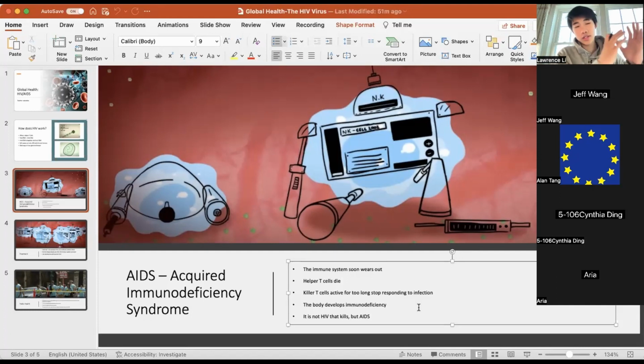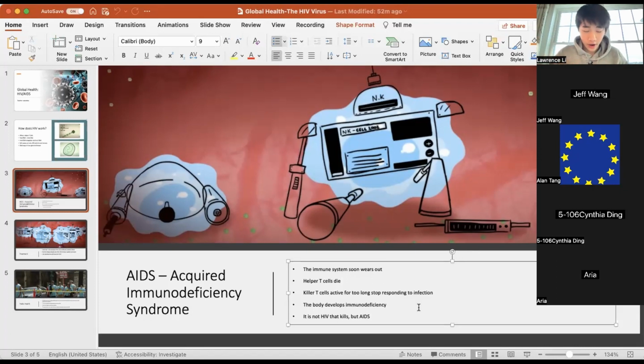So over time, as HIV is allowed to proliferate in the human body, it becomes a weakening disease where the immune system doesn't function as it would if HIV were not present.